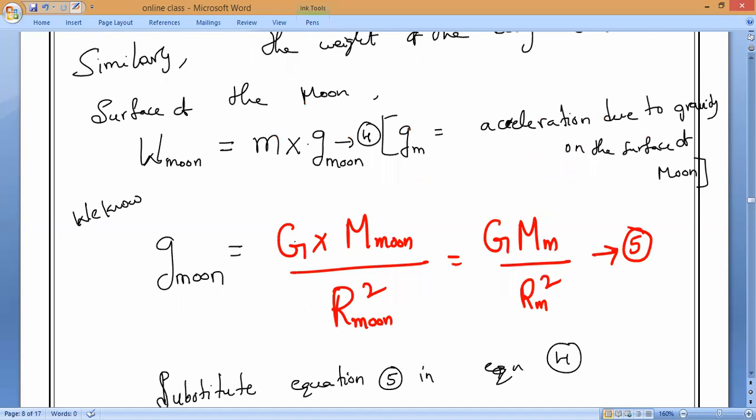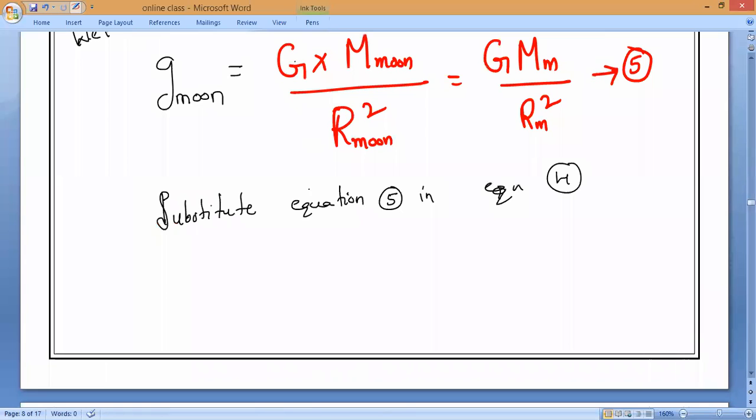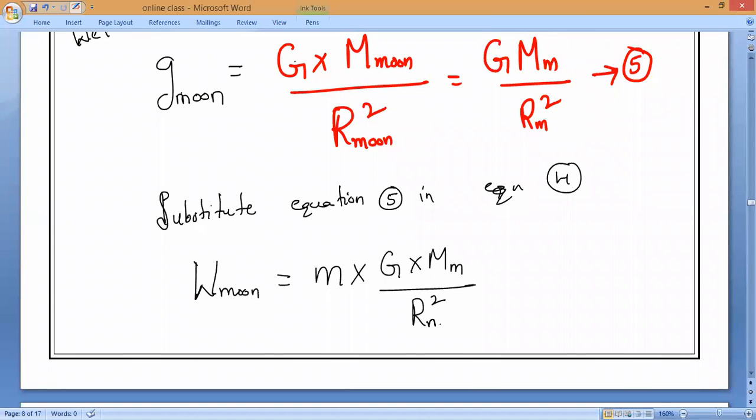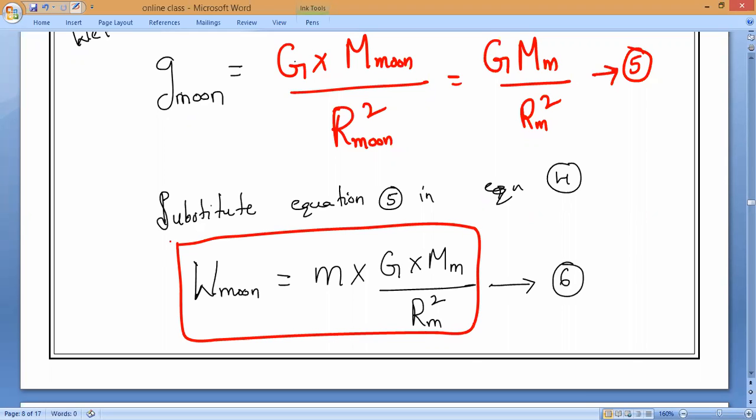Already I told you for earth, so you should be able to tell me for moon. Weight on moon is equal to mass into, in place of g I can write G into mass of moon divided by square of radius of moon. Yes or no? Let me take this as equation number 6.